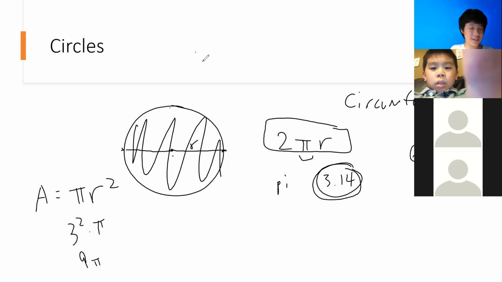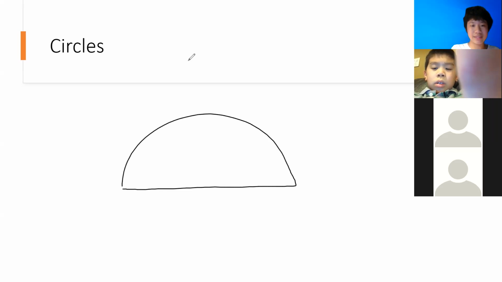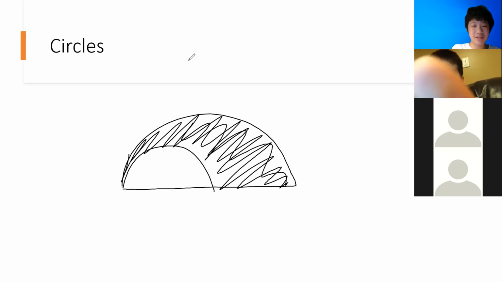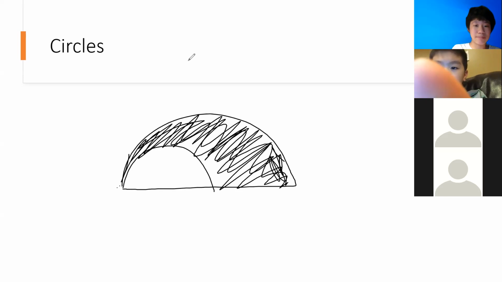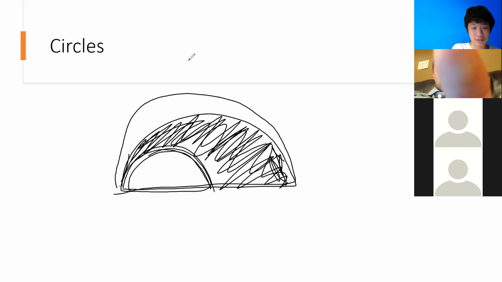And we have a lot of common problems with circles, such that you might have really weird areas. Like if we had this and this, some problems will ask you, hey, what's the shaded area of this? Well, the trick to solving these kinds of problems is to take the area of the big circle, and subtract out the area of the hole here, the small circle.